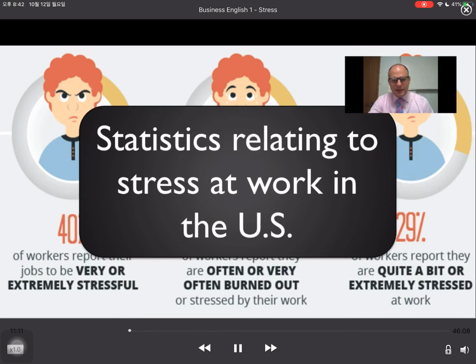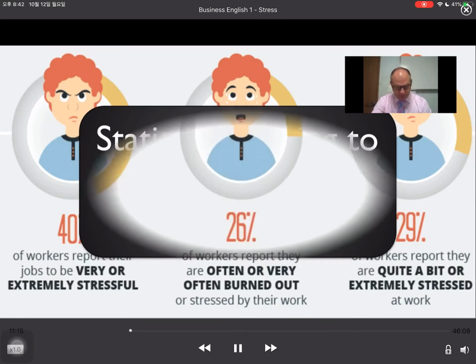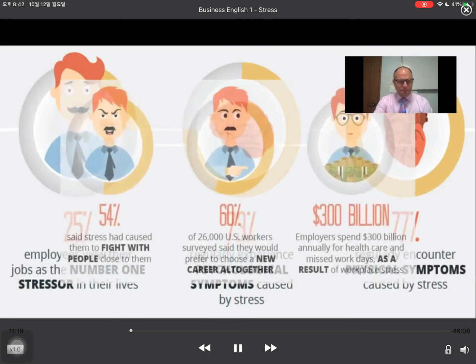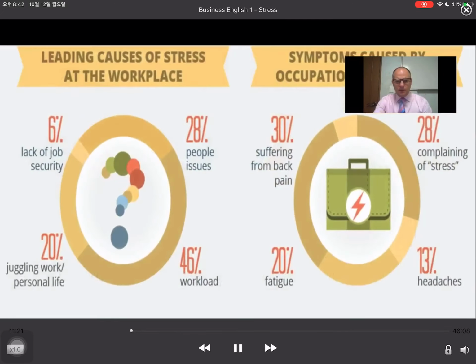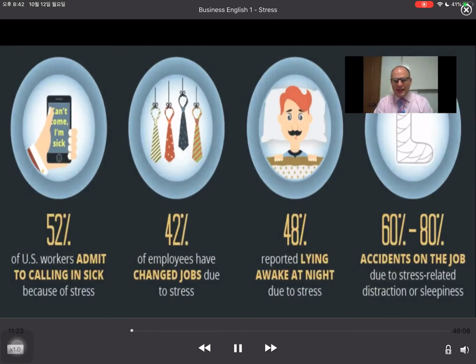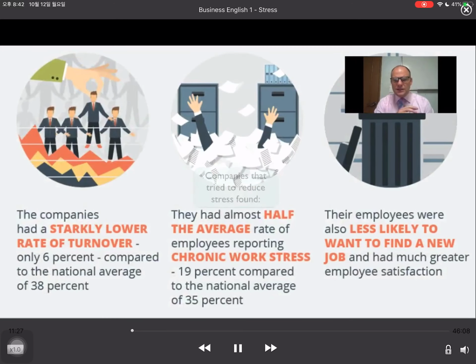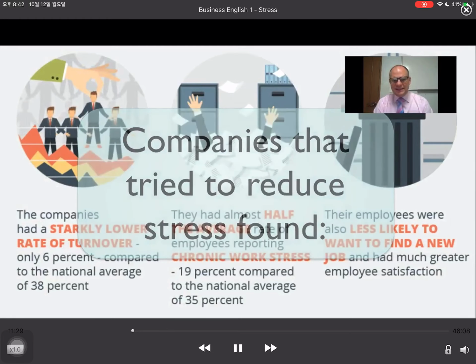So there you go. There's some figures. Other statistics related to stress at work in the US. There you go. There's so many statistics here. You can look at them in more detail in the PPT.